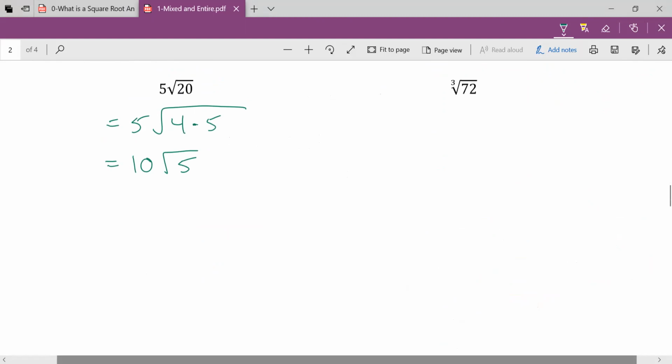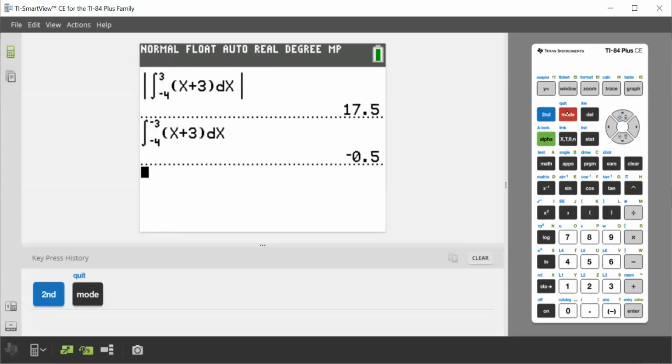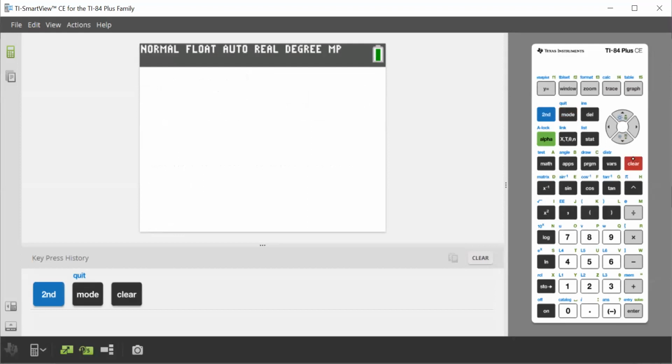Well, checking my work's actually really easy. Okay, what we're going to do is grab our calculator. So I'm going to pull mine up here. Okay, and I'm just going to go back to my main screen, just like that. And watch what I'm going to do. I'm just going to check my answer. So let's say we did earlier the square root of 20.